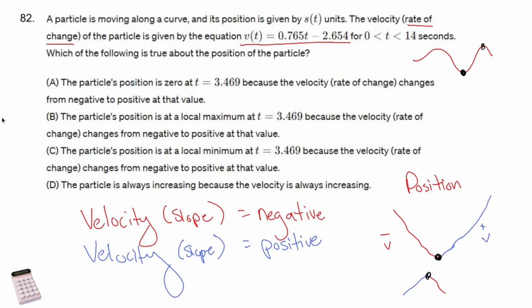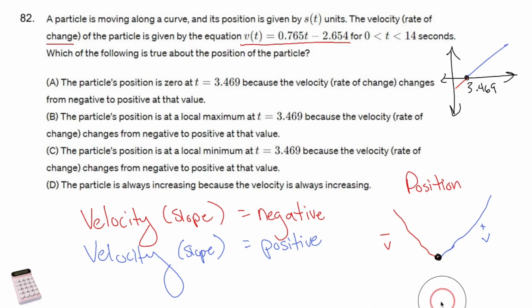As you can see from the multiple choice options, 3.469, the number that we saw in the calculator, is going to help us out. What we saw in the velocity graph in the graphing calculator is the slope went from negative to positive at 3.469. That tells us we have something that looks like this, so I can get rid of this option because it's no longer viable.